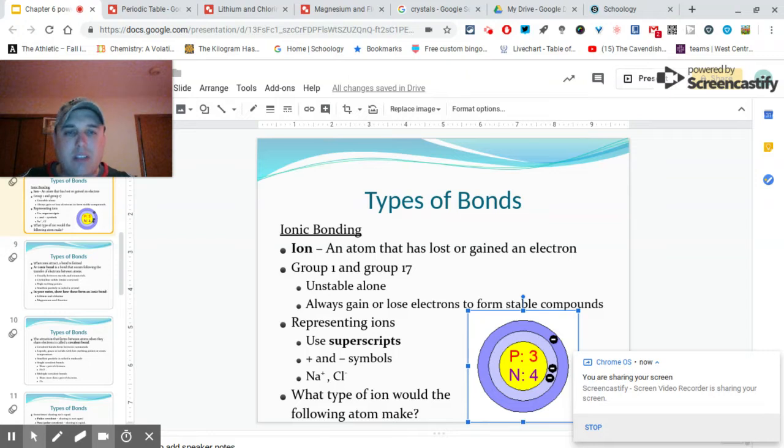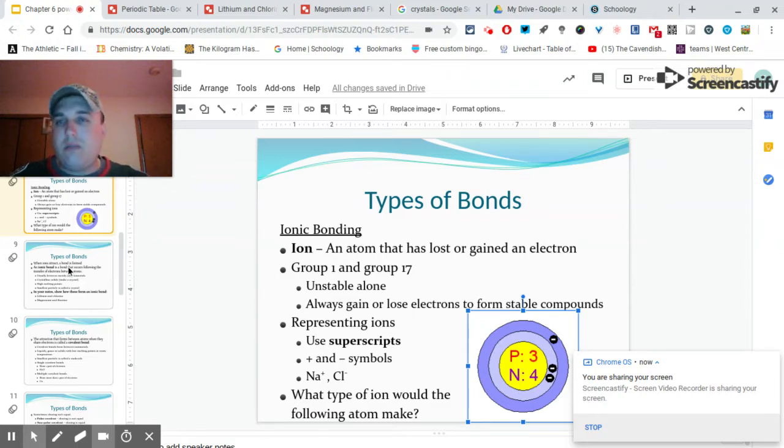Because electrons are negatively charged, if lithium loses that electron, it becomes more positively charged. It had 3 negatives, 1, 2, 3, and it loses 1. If it loses 1 of the negatives, then it becomes more positive. So lithium is going to form a +1 ion, which means it's going to be attracted to everything that's negatively charged. Okay, so that's an ion.